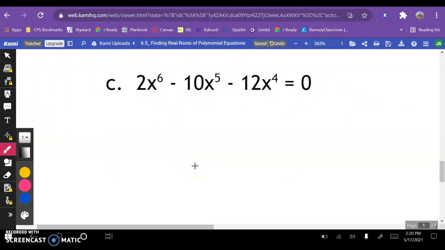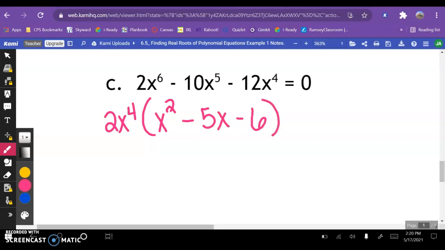And then we have one more here. It's set equal to 0, so I don't need to worry about that. I do notice that they have a 2 and an x to the 4th in common, so I'm going to factor out 2x to the 4th, and that would leave me with x squared, -5x, and -6.